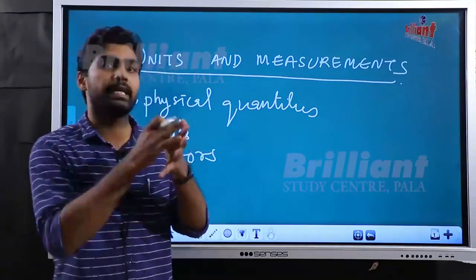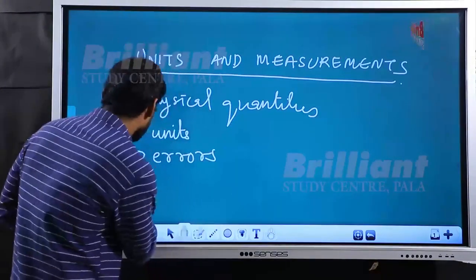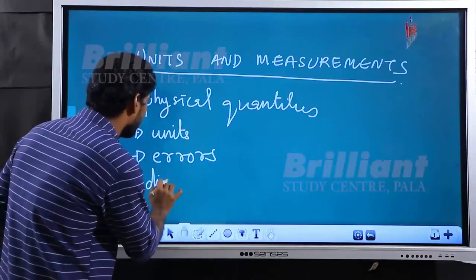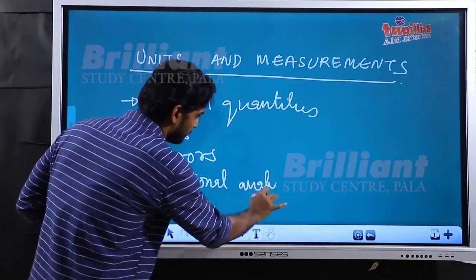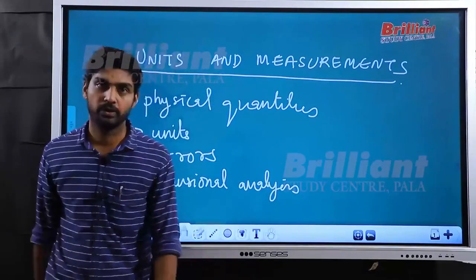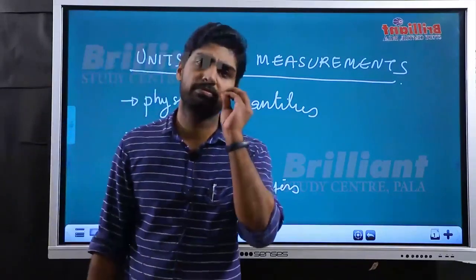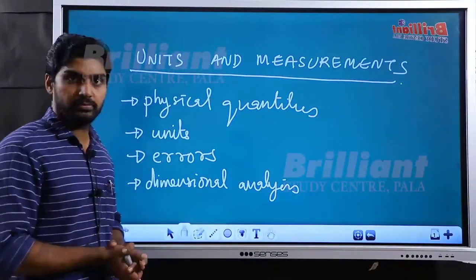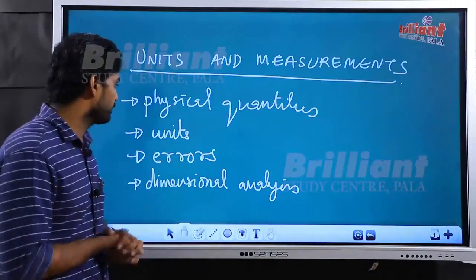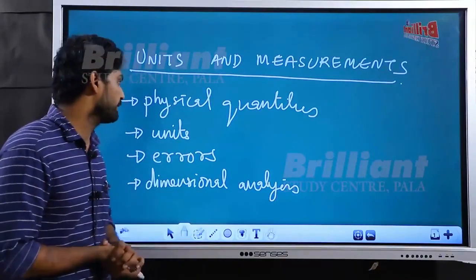We'll deal with error analysis. We'll look at dimensional analysis. And we'll discuss some basic measuring instruments. You may not be familiar with all these terms, you may be familiar with one or two. So we are going to discuss them in detail.